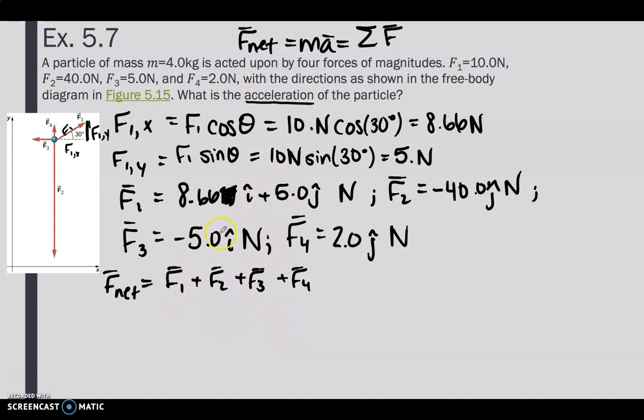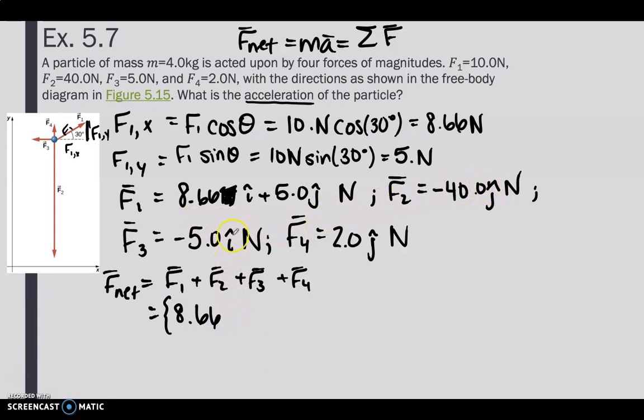If we add all of these up, we can do it by component. So let's go ahead and group them. We have 8.66 in the i direction.